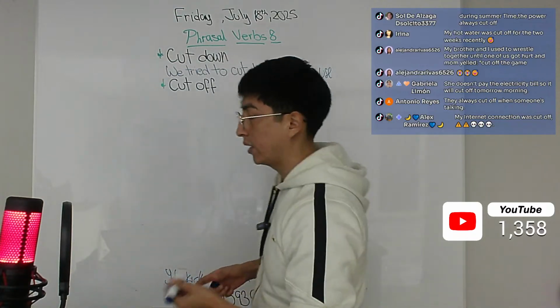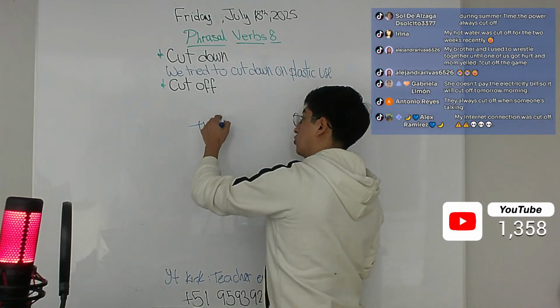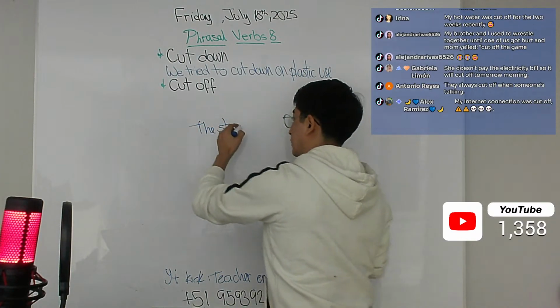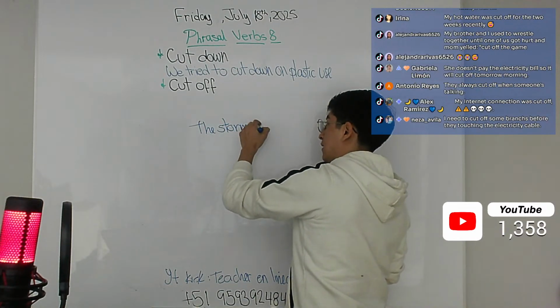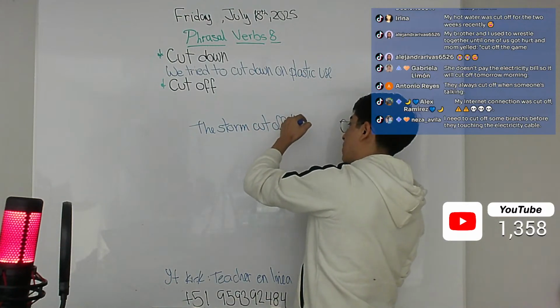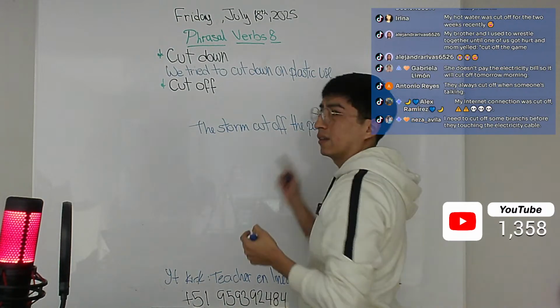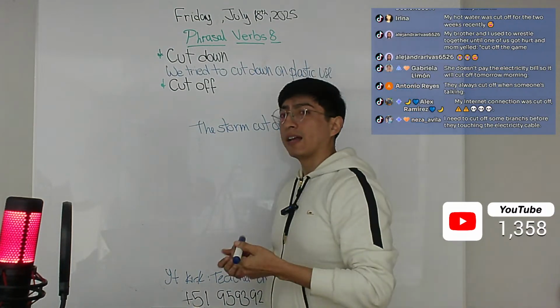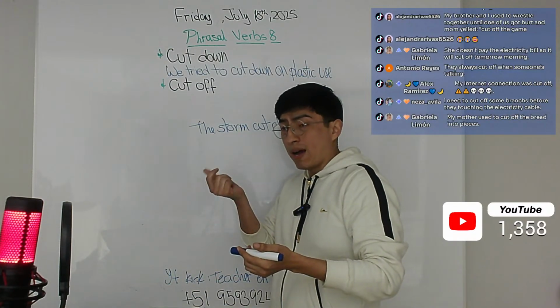Number one, we can say the storm, we were talking about a natural disaster like a storm, cut off the power. Okay, it cut off the power. It means that there's no electricity, there's no power.